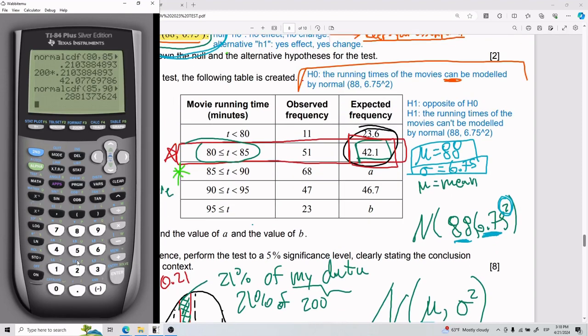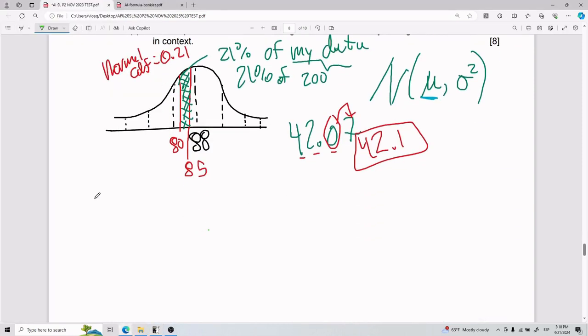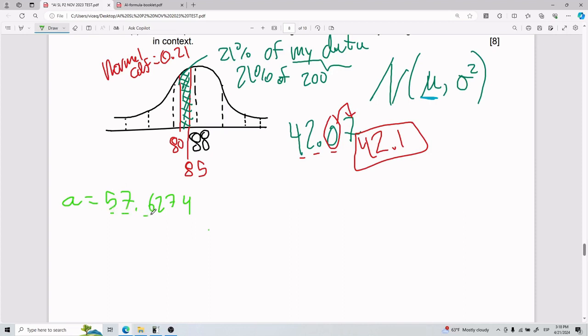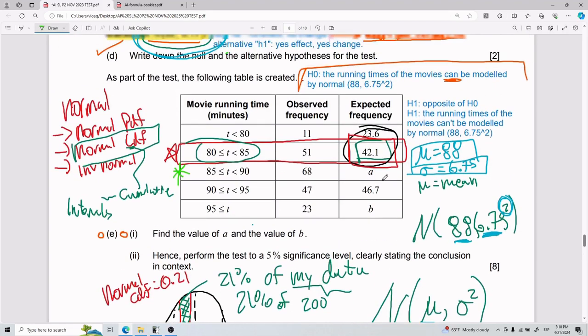So I can say 200 times that percent I just got, and that is for my value of A. So your value of A is going to be 57.6274. If you really like significant figures, you count 1, 2, 3. Round it up or keep it the same. Keep it the same. 57.6.